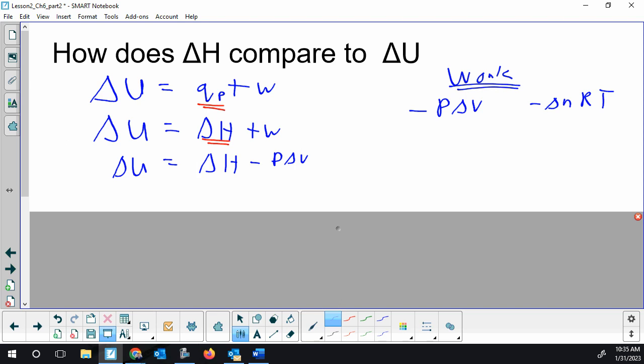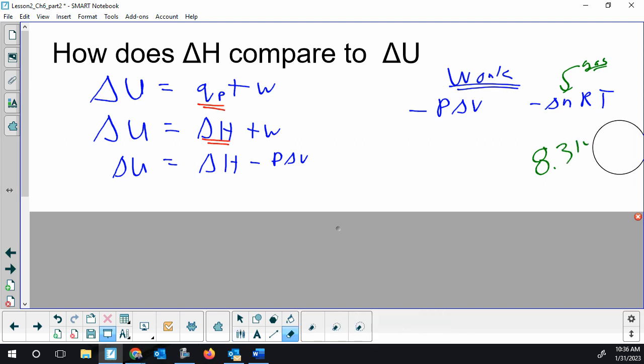If you just know the change in moles, but you have to realize this is the moles of a gas that's going to change the volume. So it's not the change in moles of everything, it's just the change in moles that does the work, just the gas. Okay. And R is 8.31.